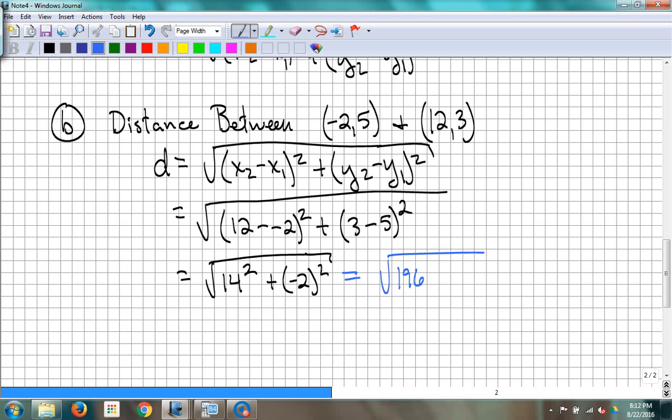And then -2 squared is 4, right? Positive 4. Be careful, don't mess up the sign. And then we add those together and we get square root of 200, which we could approximate with a calculator.